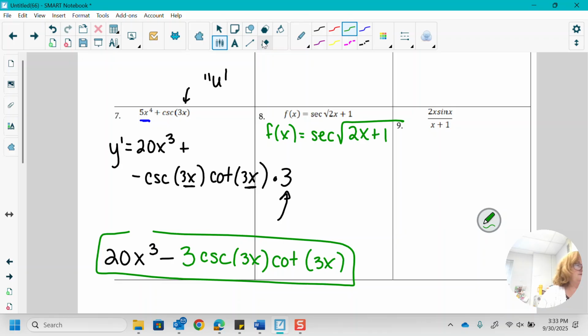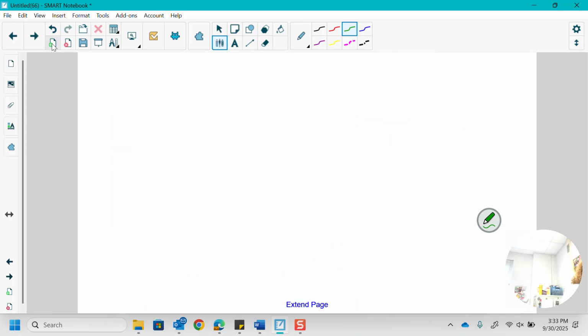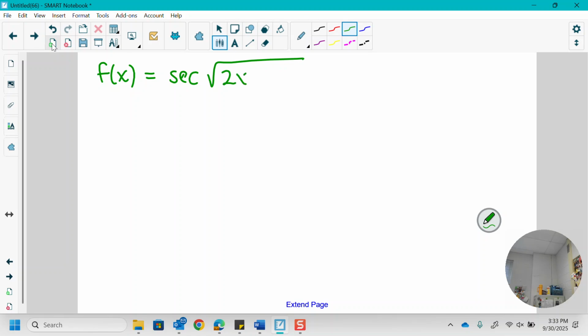As we go to write that derivative, the secant again has a derivative that's a product: a secant times a tangent. The secant of the square root of 2x plus 1, where u is the square root of 2x plus 1.